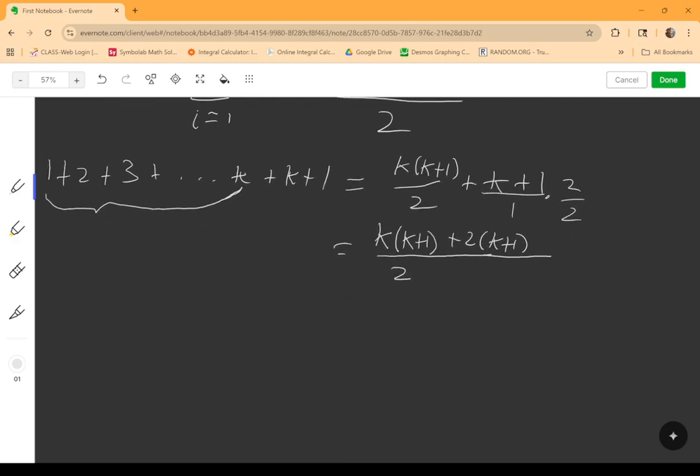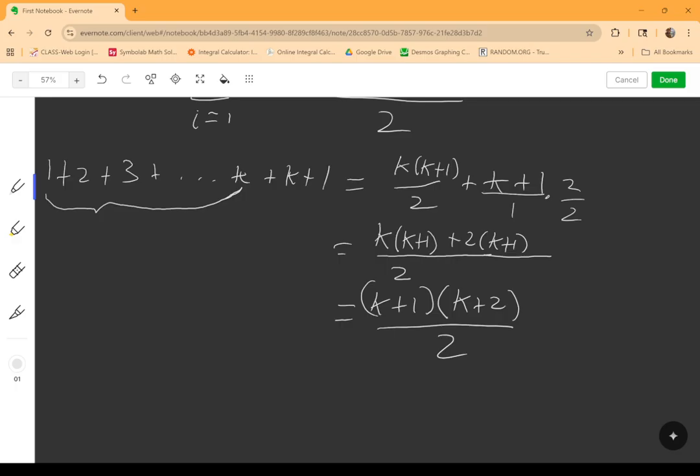So I have this, and now I'm going to factor out a k plus 1. And now we get the desired formula that we wanted to prove. So from here we can conclude. The proof here was done.